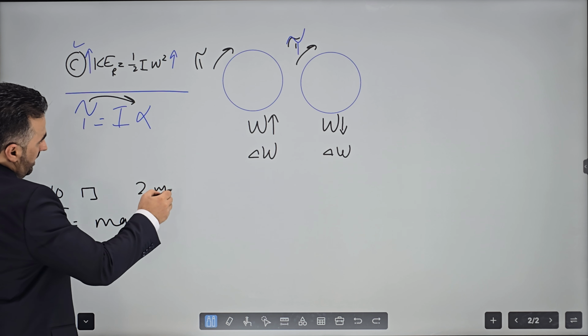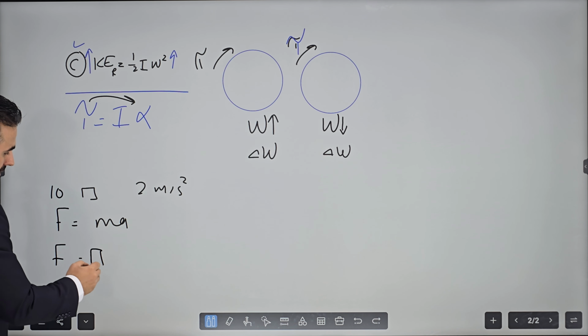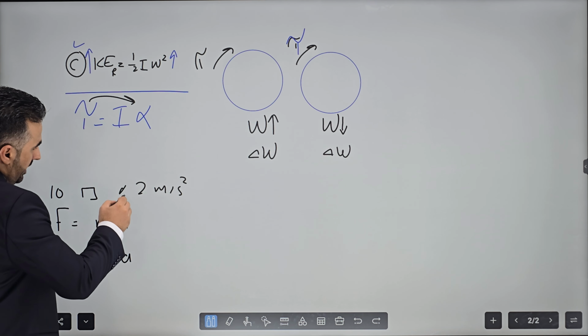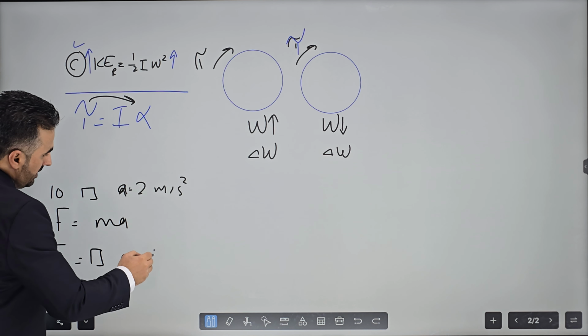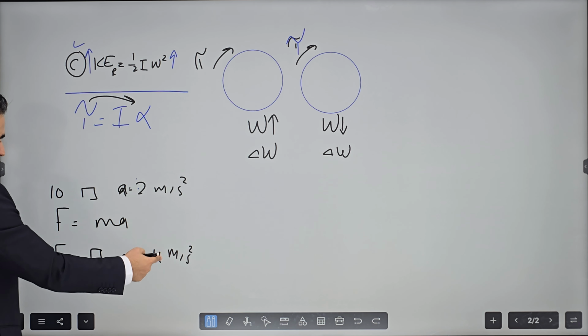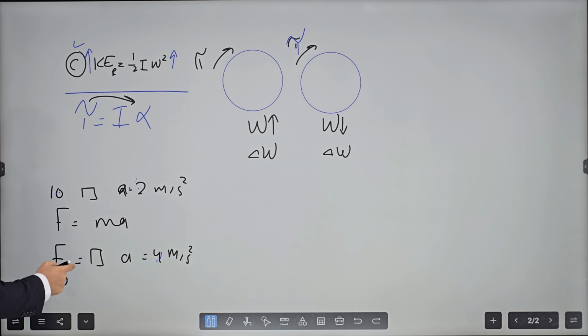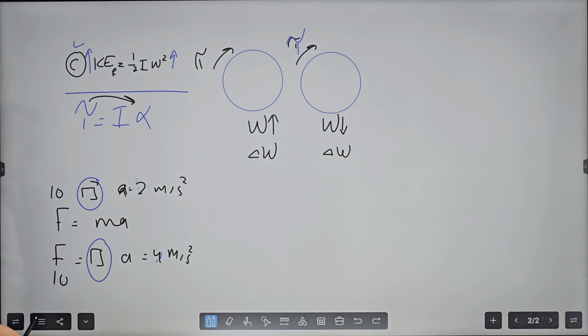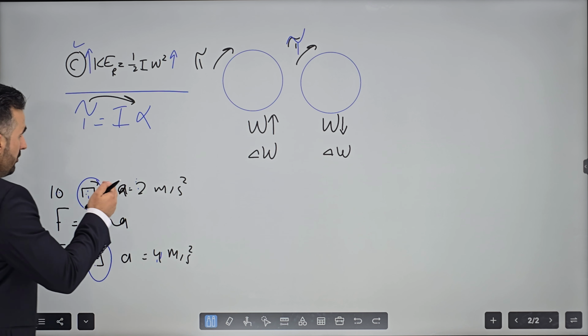The other object, using the same force of 10 on the second object, would accelerate with, let's say, 4 meters per second squared. If they get different acceleration while I apply the same force, doesn't that mean they must have different masses here? Isn't that what makes sense? Because the only thing that is different should be what? Their moment of inertia must be different. Okay, now let's go back to our example.